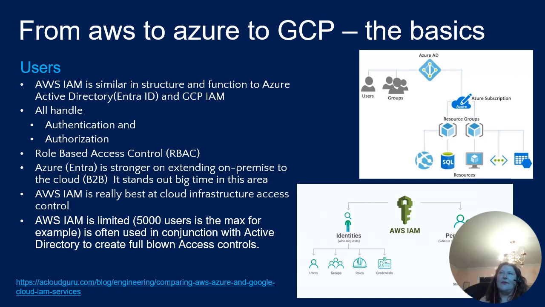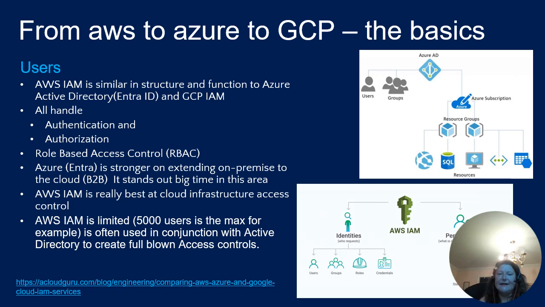Now, those are fairly weak in AWS and Google Cloud, really. Especially, so AWS has a lot of limitations on the number of users that are the maximum for IAM and that kind of thing. So there's a lot of limitations. Azure has the best offering in this area.